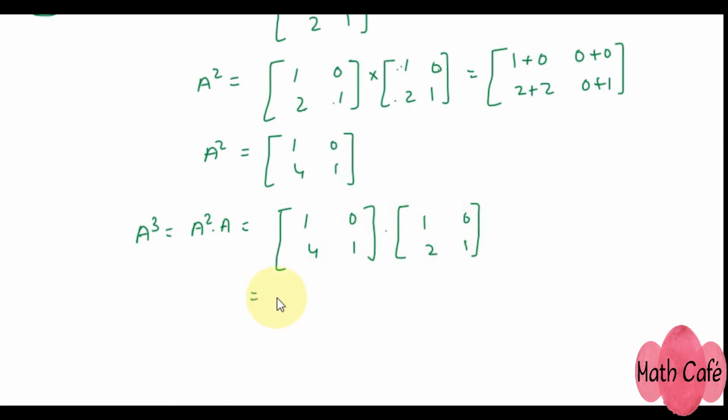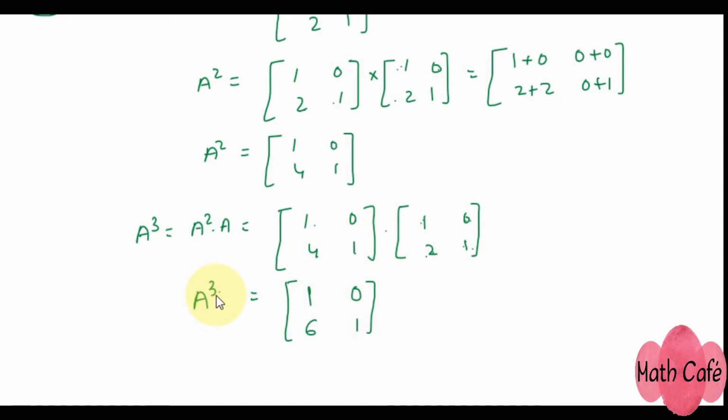Let's do the multiplication of the two matrices through the row by column method. 1 multiplied by 1 is 1, 0 multiplied by 2 is 0, so 1 plus 0 is 1. 1 multiplied by 0 is 0, 0 multiplied by 1 is 0, so 0 plus 0 is 0. 4 multiplied by 1 is 4, and 1 multiplied by 2 is 2, 4 plus 2 is 6. 4 multiplied by 0 is 0, and 1 multiplied by 1 is 1, so 1 plus 0 is 1. So here A cube is 1 0 6 1.